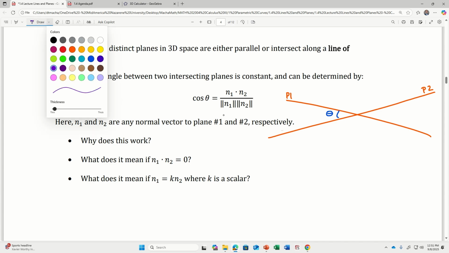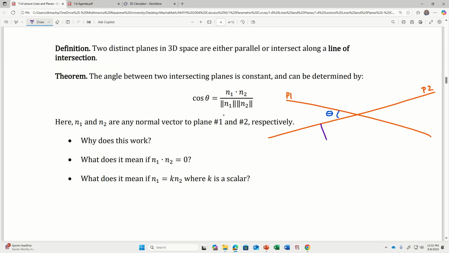So then, each one of my planes has a normal vector that makes a 90-degree angle with the plane. And so this is n2. Then I've got a normal vector here that makes a 90-degree angle with plane 1. So that's n1, that normal vector.